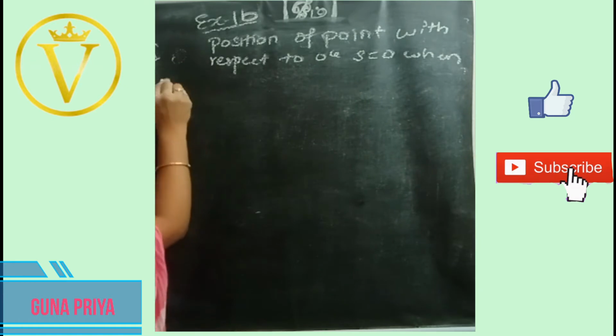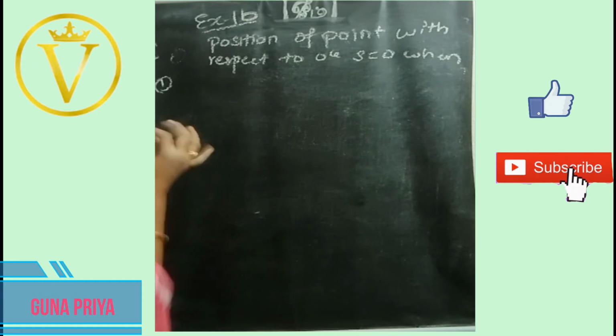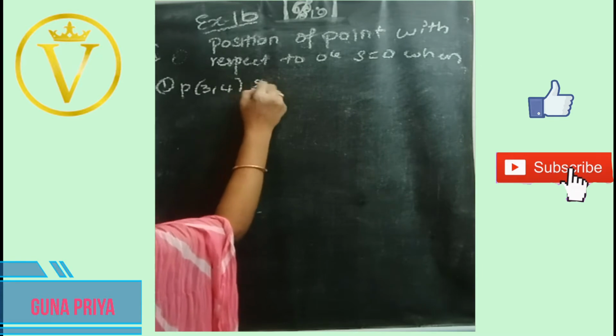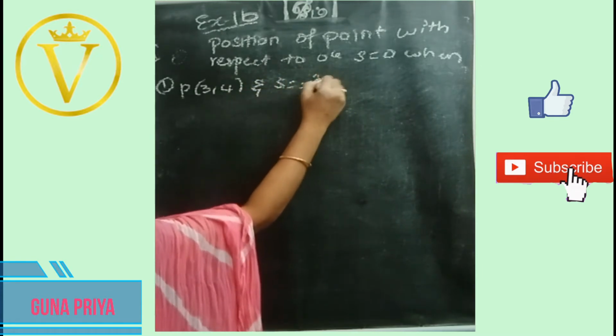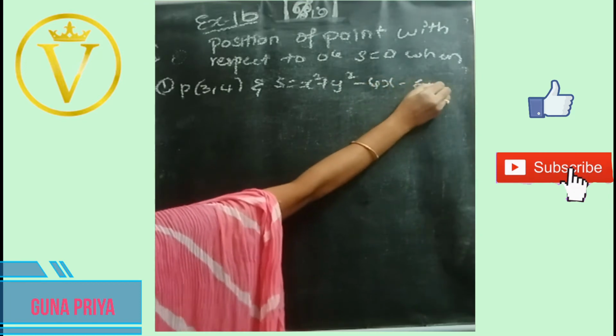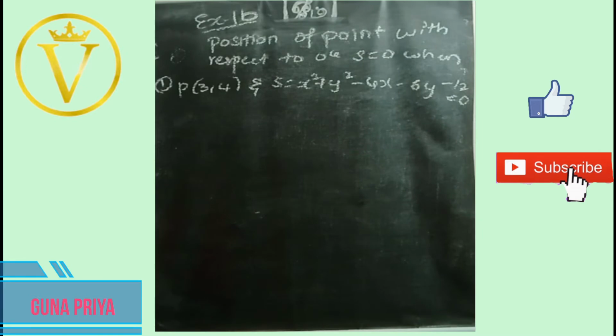They have given 4 problems to find the position of the point with respect to the circle S equals 0. When P is (3, 4) and S equals x square plus y square minus 4x minus 6y minus 12 equals 0. They have given one circle equation and one point.